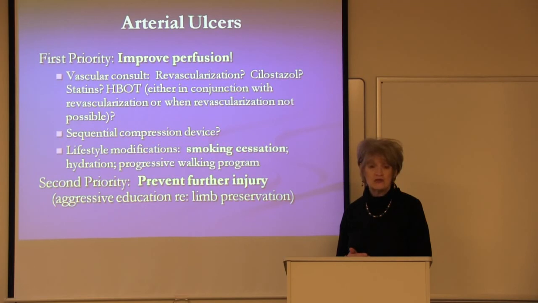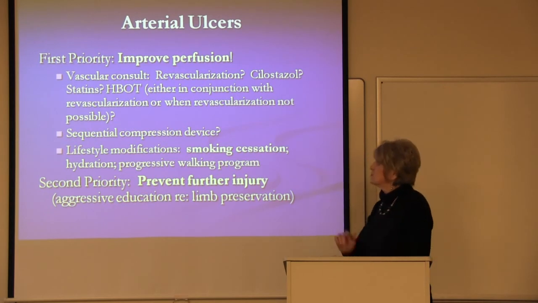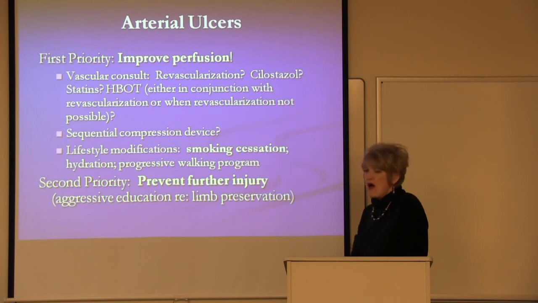So now the drug of choice is cilostazol or Pletal, which has been shown in a number of studies to improve ABI, to reduce claudication pain, etc. Statins to reduce lipid levels, and then possibly hyperbaric oxygen therapy.